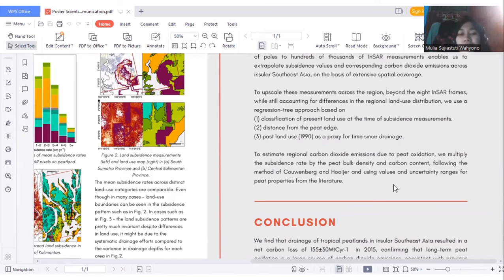We multiply the subsidence rate by the peat bulk density and carbon content, following the method of Couwenberg and Hooijer, and using values and uncertainty range for peat properties from the literature.